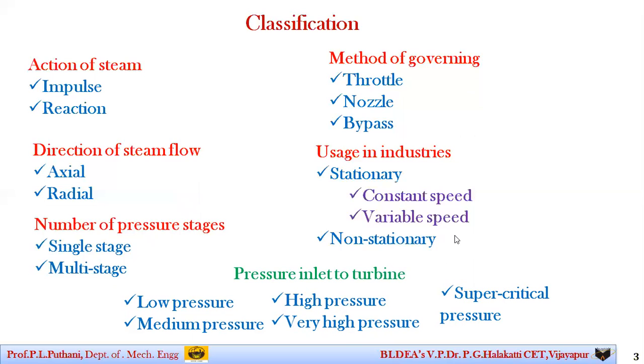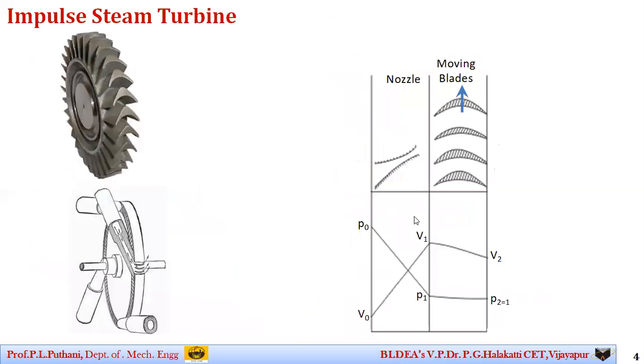Now moving ahead, any steam turbine you take is generally classified into two types: the impulse steam turbine and the reaction steam turbine. The first case is the impulse steam turbine. If you observe the picture on the left side of your screen carefully, you can see some curved blades.